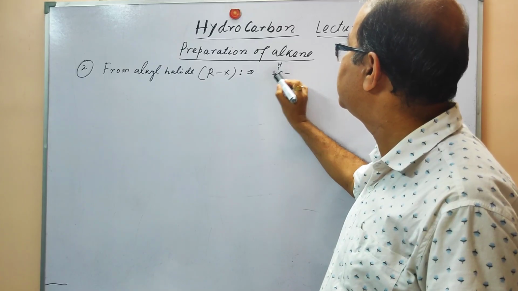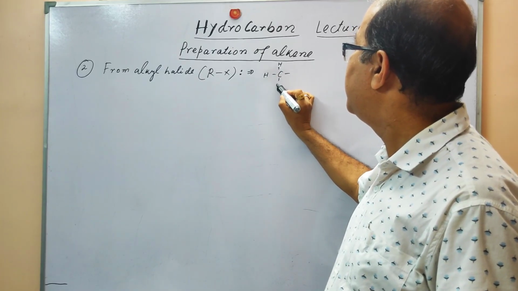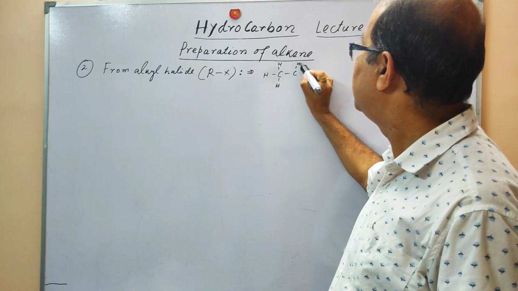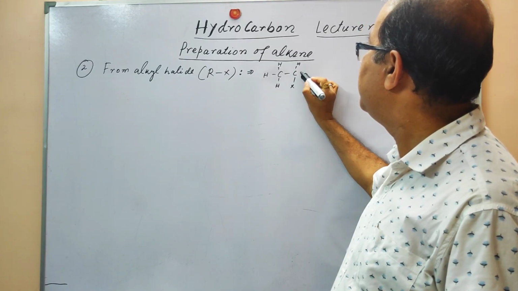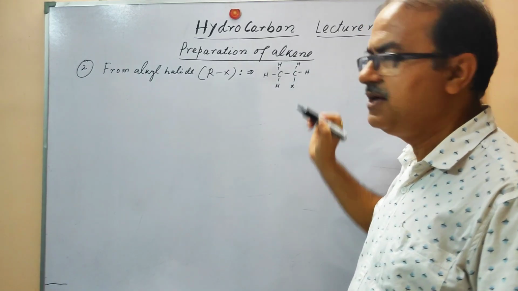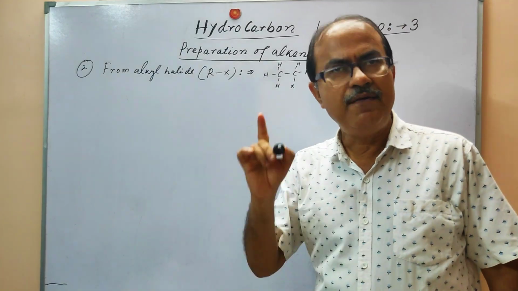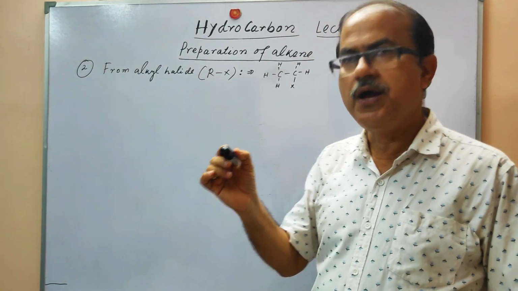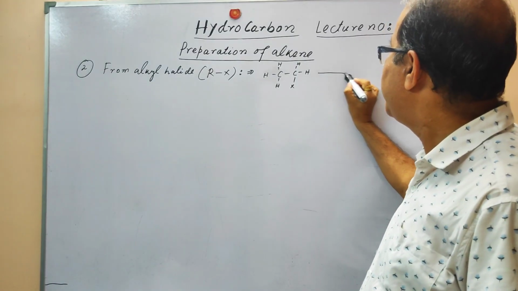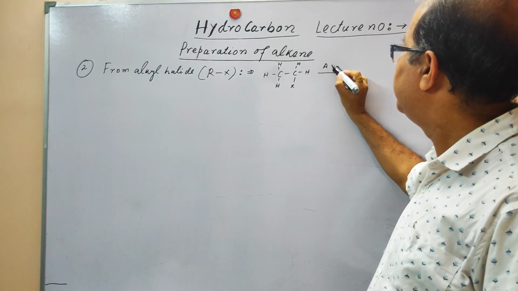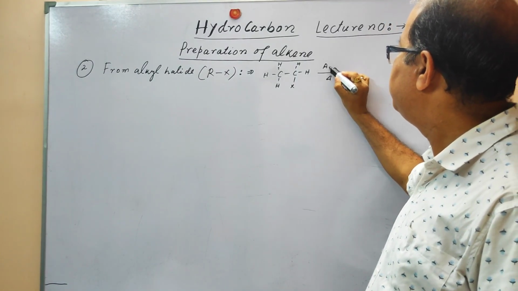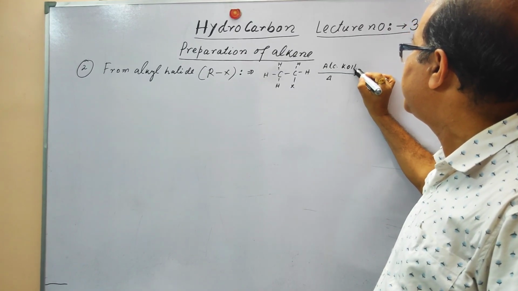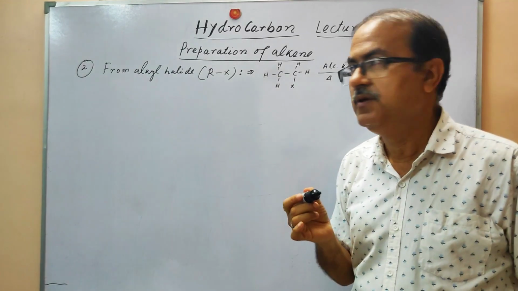This is ethyl halide, where X is halogen, and this halogen may be chlorine, bromine, iodine, that we have discussed. When it is heated in presence of alcoholic KOH, that is ethanol.